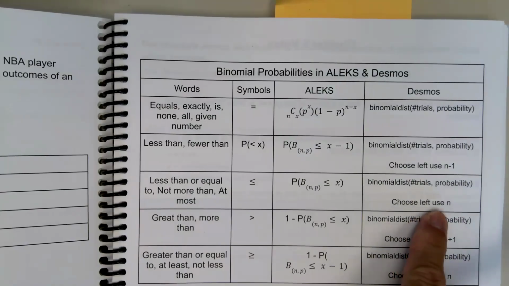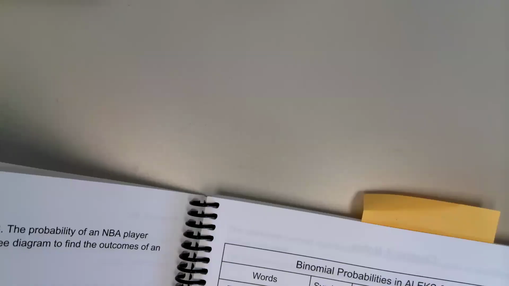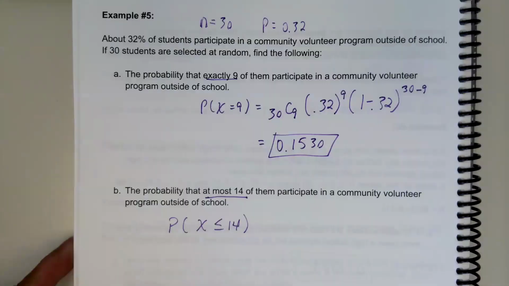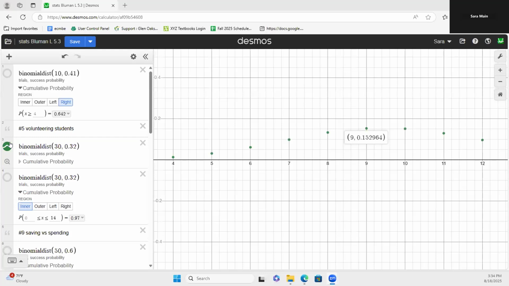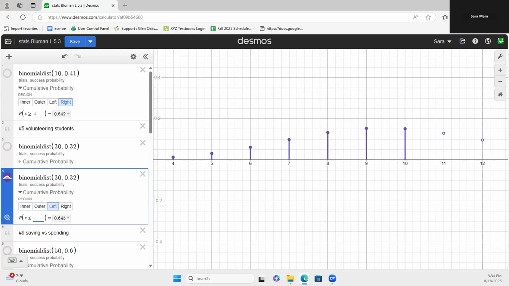or you can use the binomial dist in Desmos and then choose left and use N. And so let's go to Desmos and do that. So I'm going to go back to my Desmos screen so you can see. So right here, I'm going to turn this off. I'm turning this one on because I'm going to choose left because I want everything less than, and I want everything less than 14 because I want to include 14.